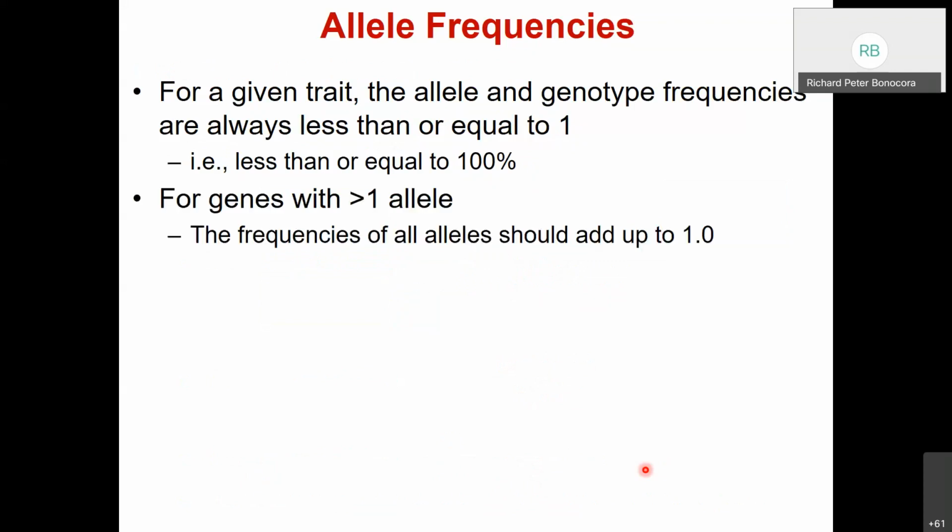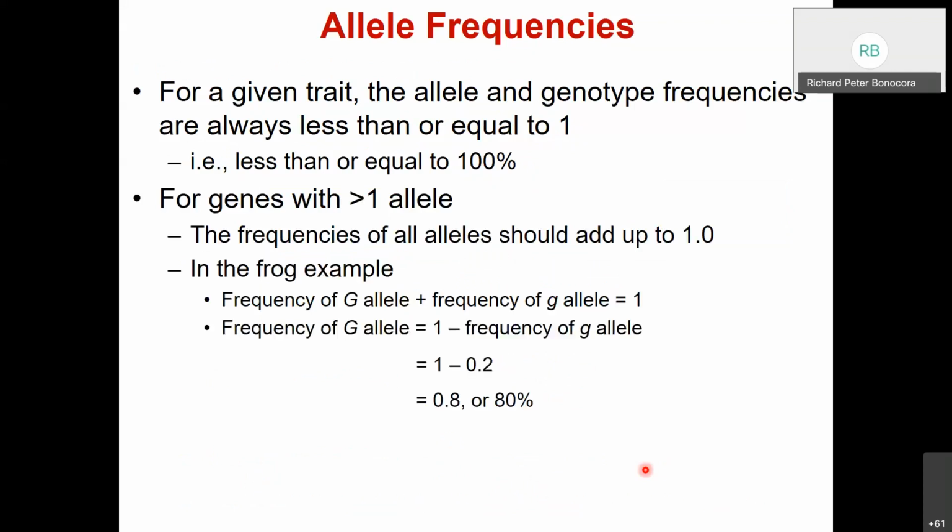And so for genes with more than 1 allele, the frequencies of all the alleles should add up to 1. So an easier way to do this is just to say, well, we know that this is the frequency of the little g allele, 0.2. We can just subtract that from 1, and we get 0.8 or 80% of the alleles are the big G allele. So again, very simple.